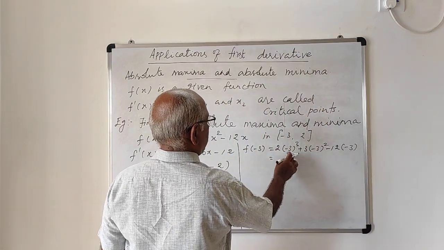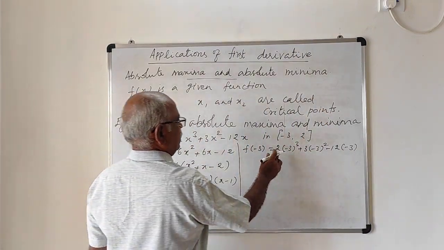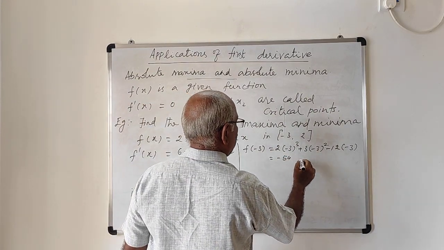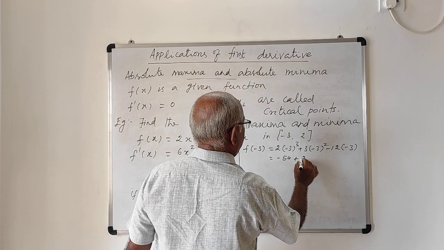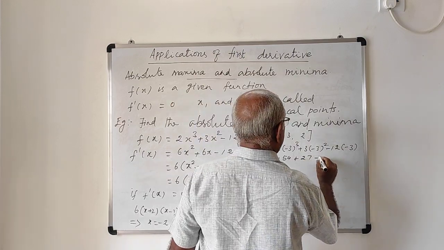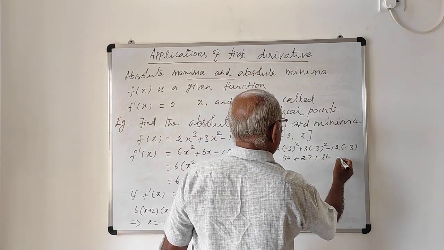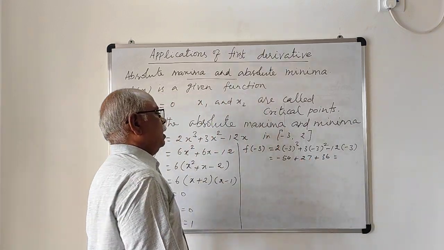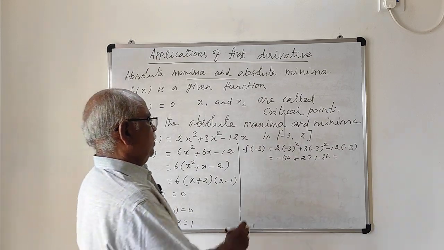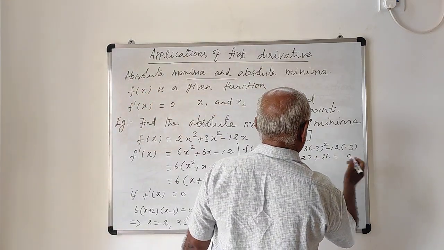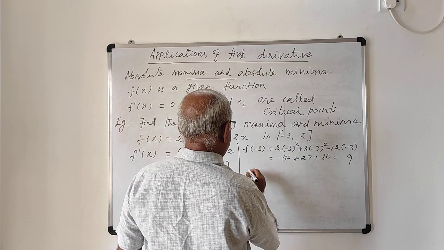That is minus 54 plus 27 plus 36. So 36 plus 27 is 63, minus 54 is 9. So f of minus 3 is 9.